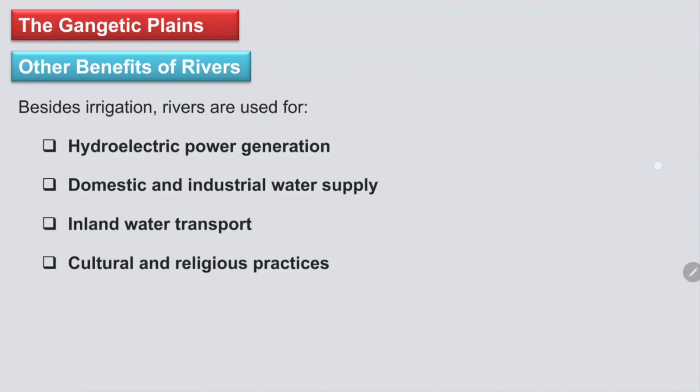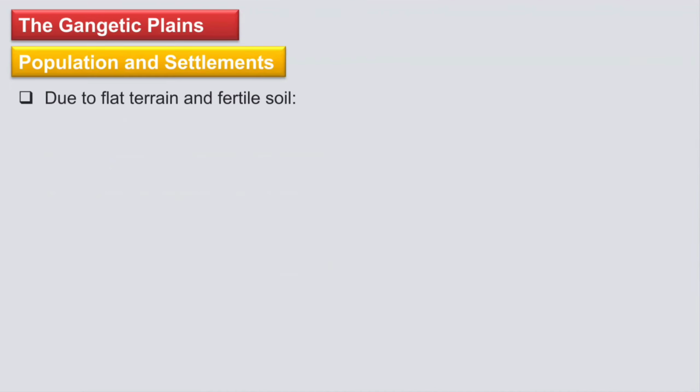Next, cultural and religious practice, and population and settlement. If you talk about the population, due to flat terrain and fertile soil, the area is plain. Flat means plain; there are no mountains like in the case of the Himalayas, because in mountain areas there is very poor road connectivity. It is very difficult to build roads on mountains.